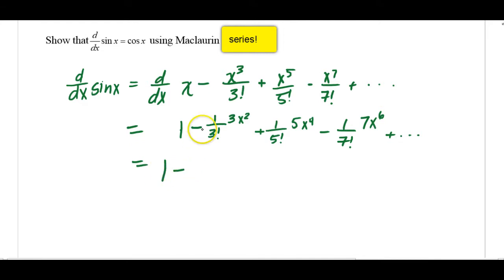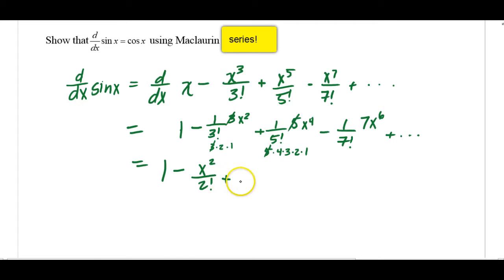So this is 1 minus. Alright, so here's 3 factorial, but there's a 3 on top. So 3 factorial is like 3 times 2 times 1. If I cancel the 3 on top with this 3 on the bottom, then what I have left is x squared over 2 factorial. 5 factorial is 5 times 4 times 3 times 2 times 1. So this 5 on the top will cancel with this 5.